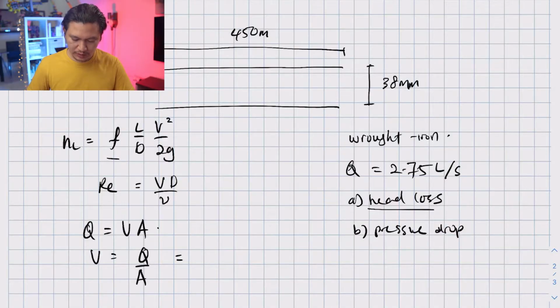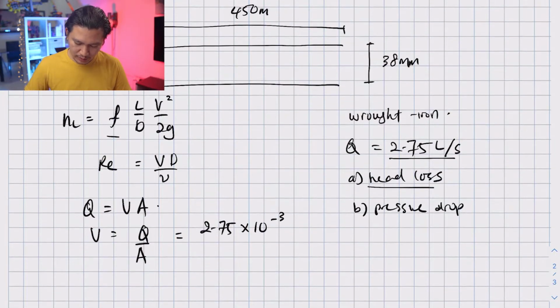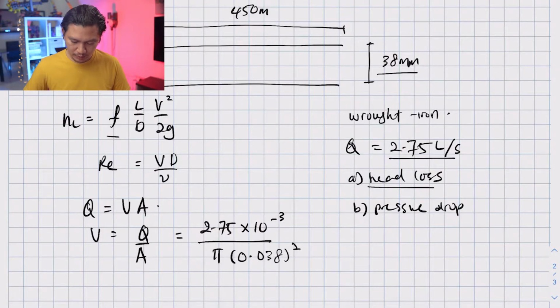Q is, remember, in liter per second, so we need to convert that into meter cube. To convert liter to meter cube, just divide by 1000. So this will be 2.75 times 10 to the power of minus 3, divided by our area, which is pi times the diameter of 38 millimeter, so 0.038 squared, divided by 4.